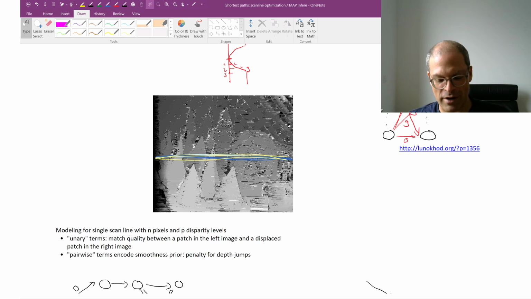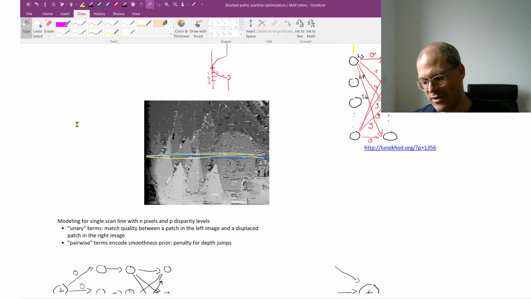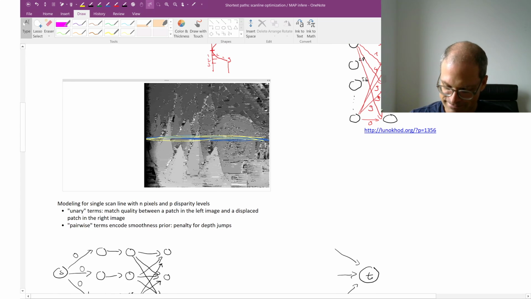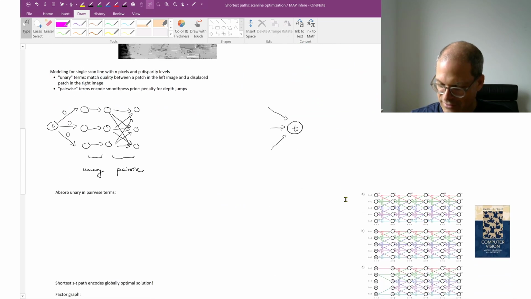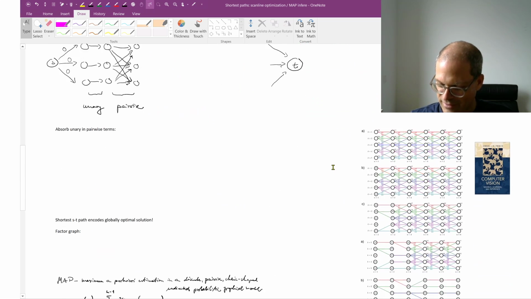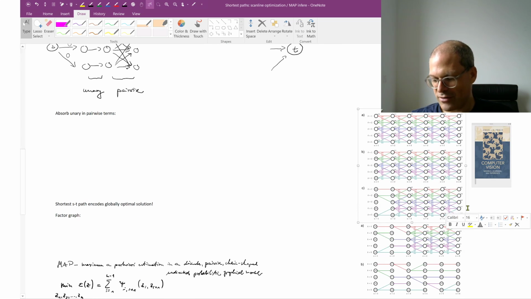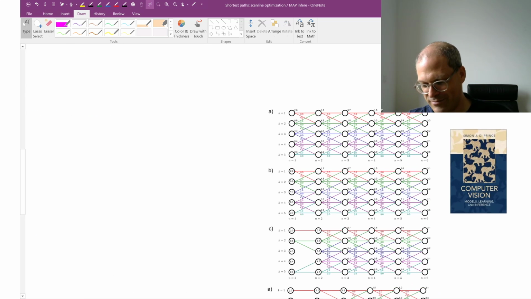Why not repeat it in the Y direction, etc.? And if you do that, you get a method called semi-global matching, which is a really important method to estimate stereo images.